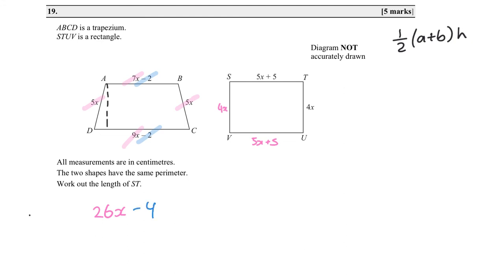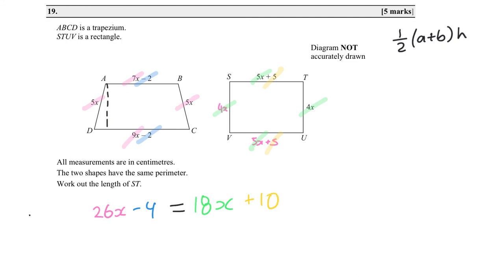Okay, and this equals, so if we go here again, 4x plus 5x is 9x, plus 4x is 13, plus 5x is 18x. Okay, and then we have 5 plus 5, which is 10.